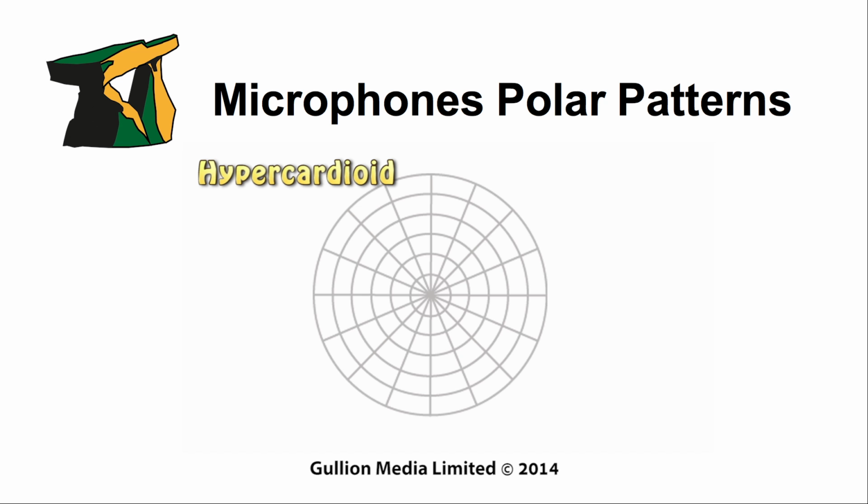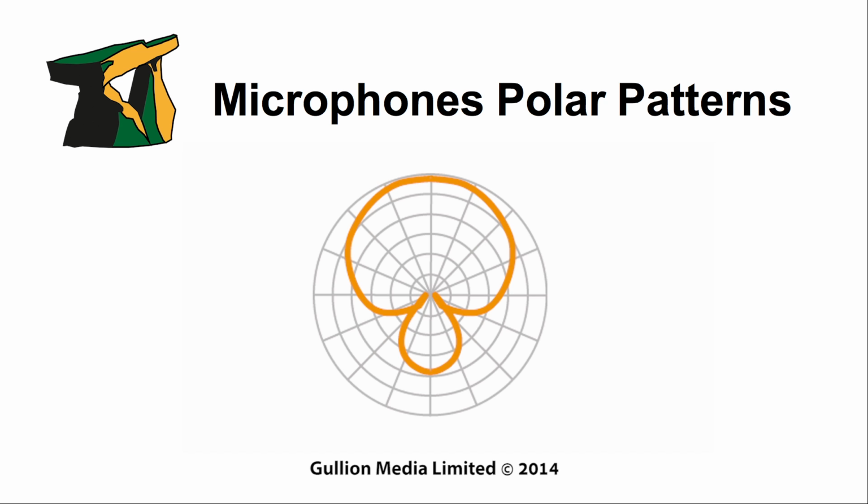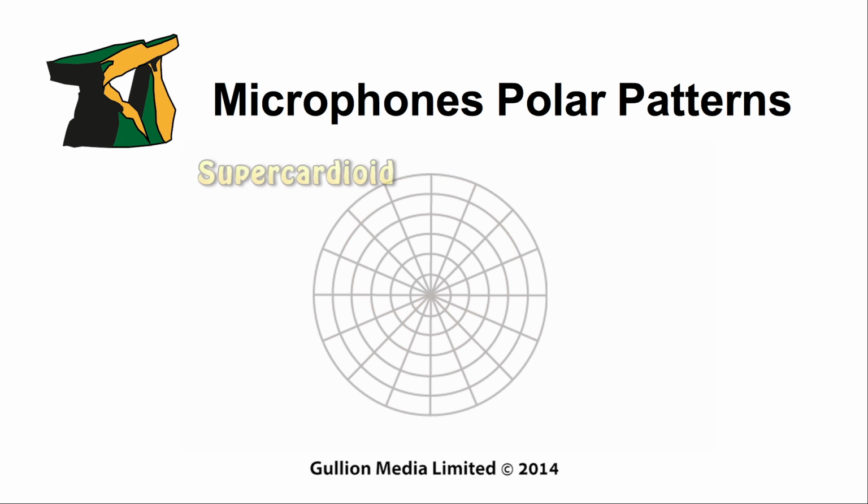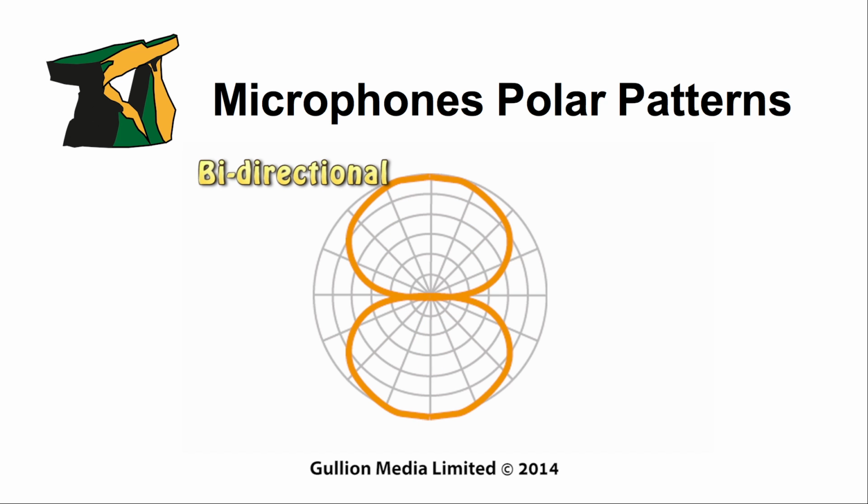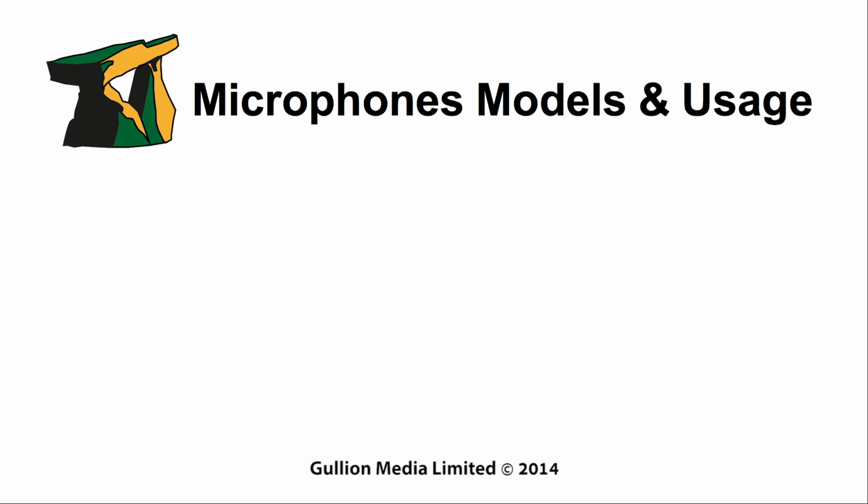Hypercardioid is similar to the cardioid pattern, with a tighter range in front and some sound from the rear. Supercardioid follows a similar pattern to the hypercardioid, but with less sound picking up from the sides. Figure of 8 or bidirectional pattern is effectively two cardioids facing in opposite directions to capture equally sound from the front and the rear.